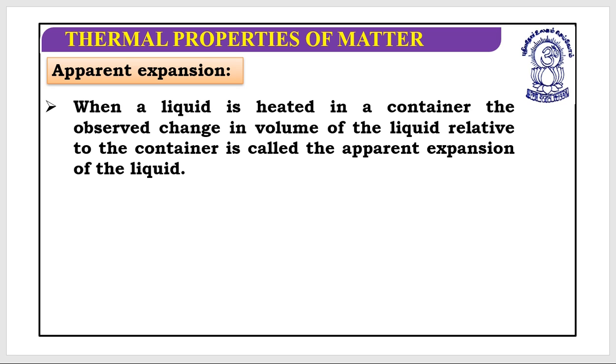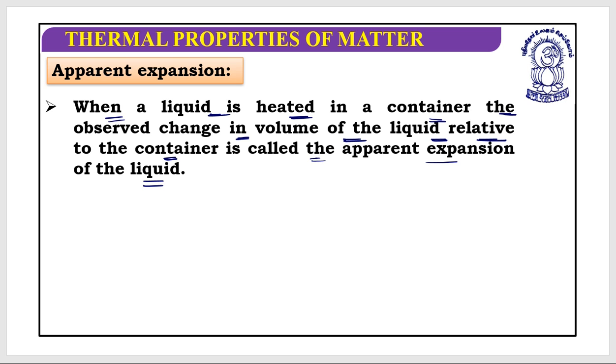First, let's discuss the apparent expansion. When a liquid is heated in a container, the observed change in volume of the liquid relative to the container is called the apparent expansion of the liquid. This is basically an expansion which we feel. It is not the real expansion.